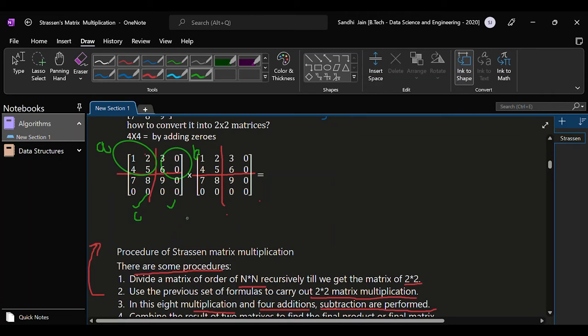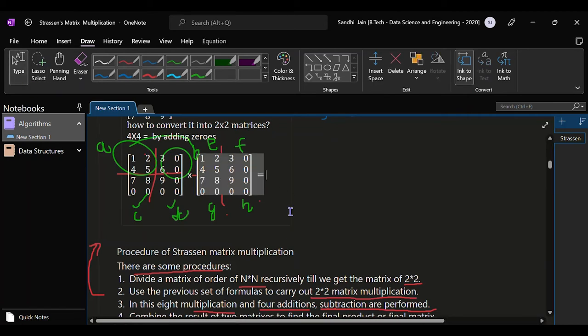ABCD are small matrices, and A will be multiplied with, we can say, E. So A will be multiplied with E plus B will be multiplied with G. So B into G. Okay, this would be F and this would be H. So we will write A multiplied by E. Okay, so what would be your system?